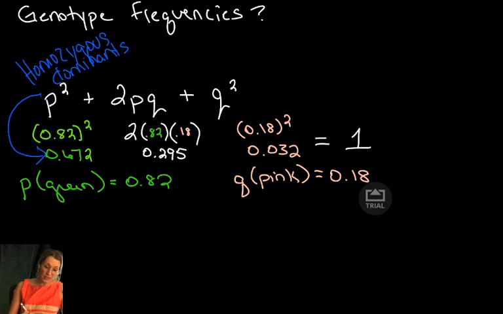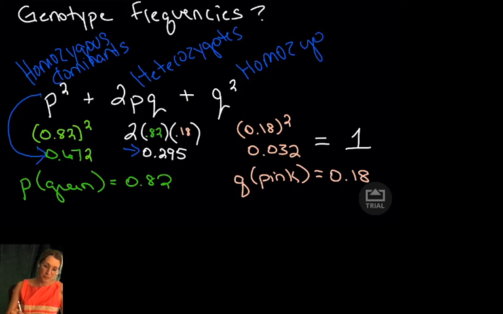Then 2PQ, that's our heterozygotes, right? Right here, 0.295. And then these are our homozygous recessives. And that's going to be right here.